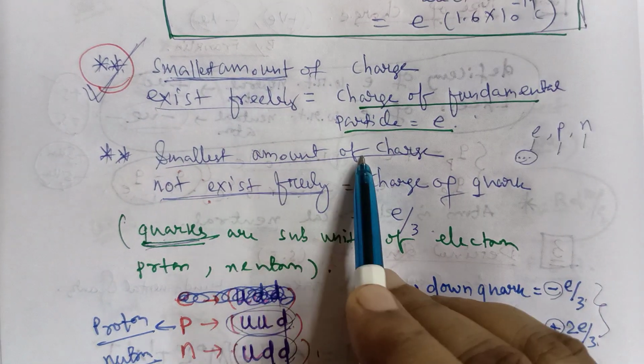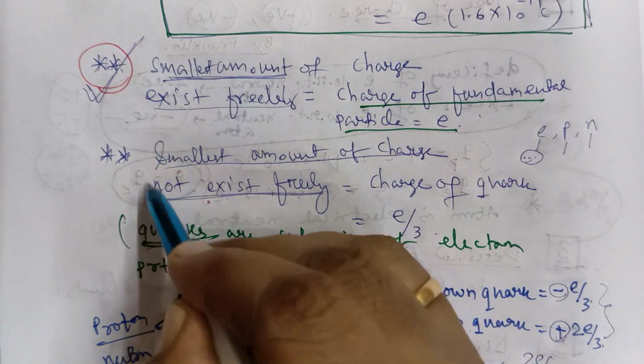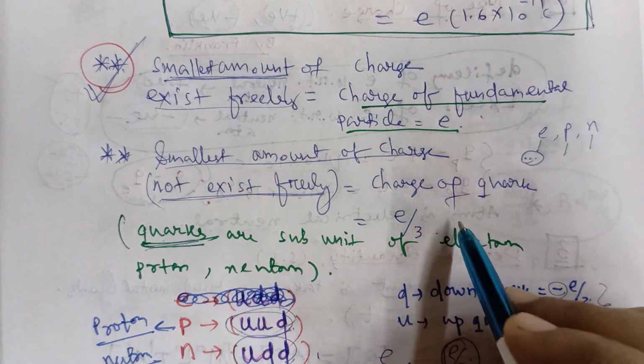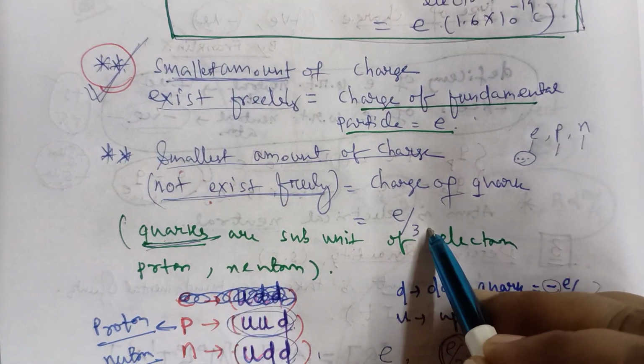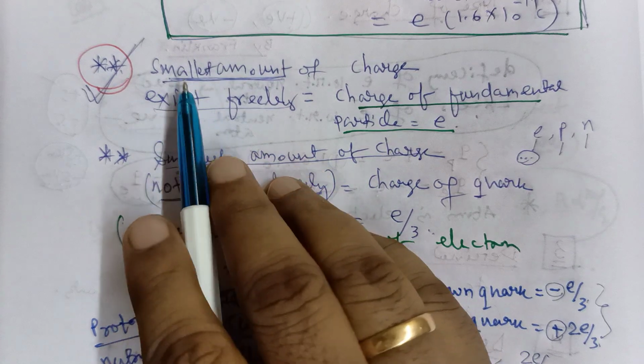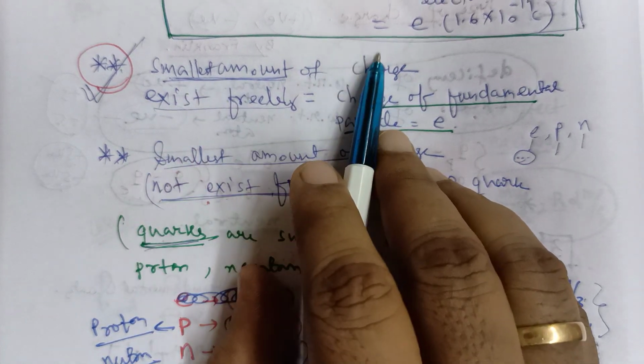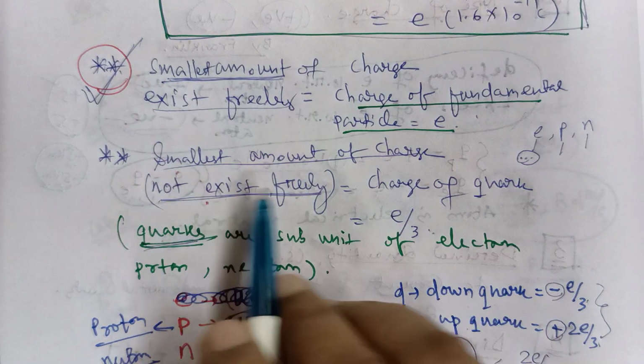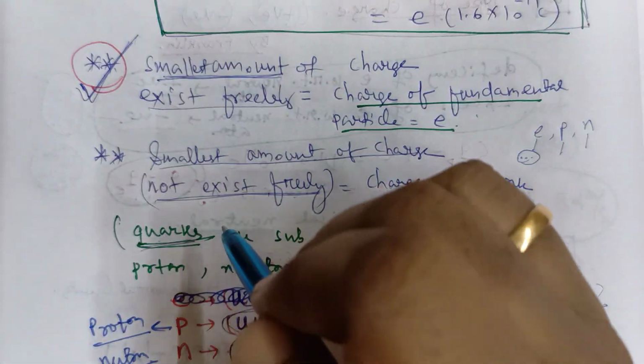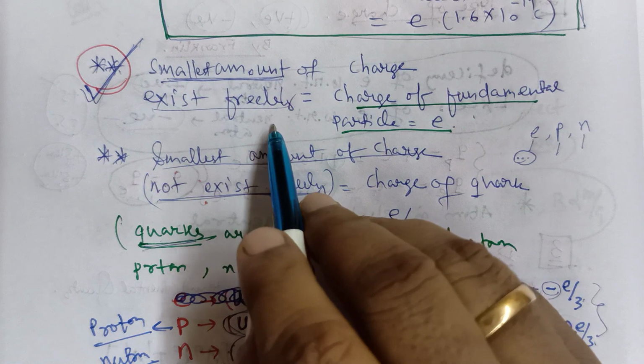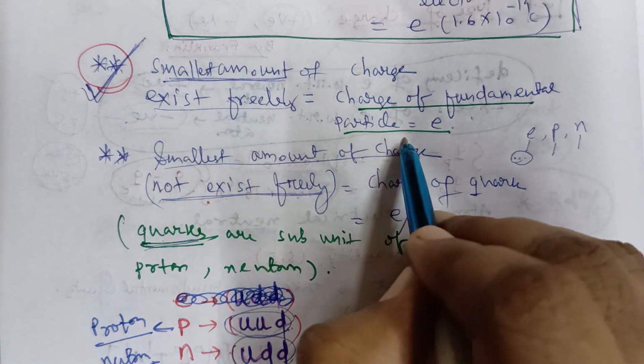But the smallest amount of charge can be possible but does not exist freely, then you say that the smallest unit of charge is e/3. But in a question, if it is not mentioned whether it exists freely or not, you only write this one: the smallest unit of charge is the charge of the fundamental particle, that is e.